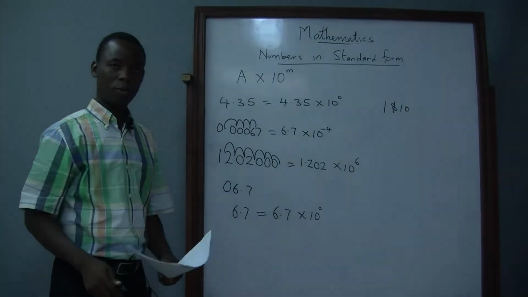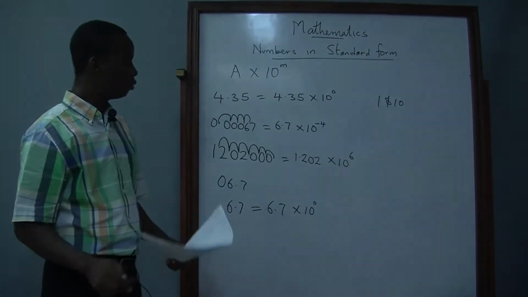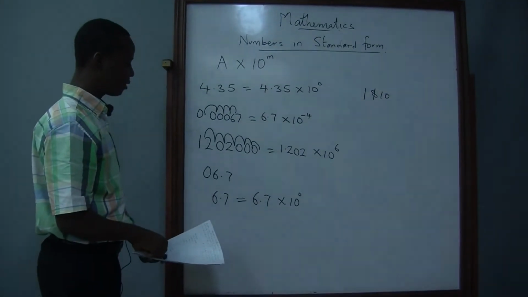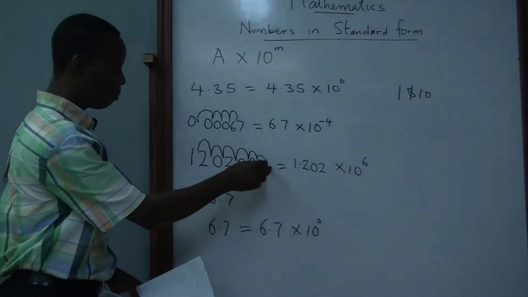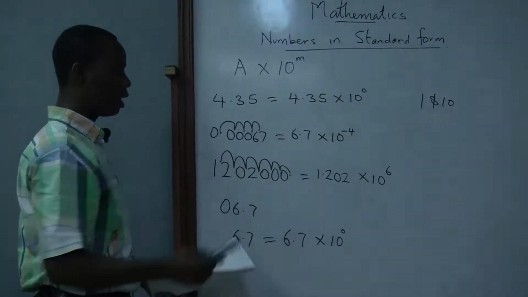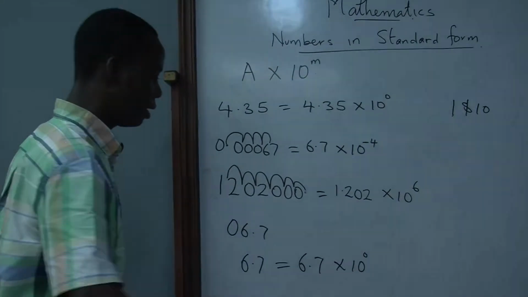Yes, let me quickly respond to the two questions that have been asked. The first question is, if that decimal point is moving, why is it not stopping here? Let's quickly check that.